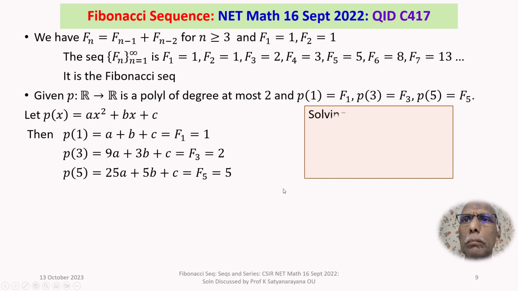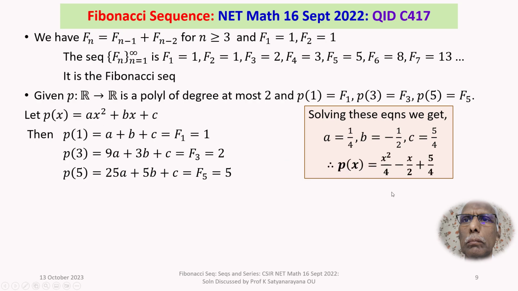Solving these 3 equations, we get the values of a, b, c. The values are a equal to 1 by 4, b equal to minus 1 by 2, c equal to 5 by 4. Take these values and put them in P of x. Then P of x is precisely equal to x square by 4 minus x by 2 plus 5 by 4. This is the required polynomial.